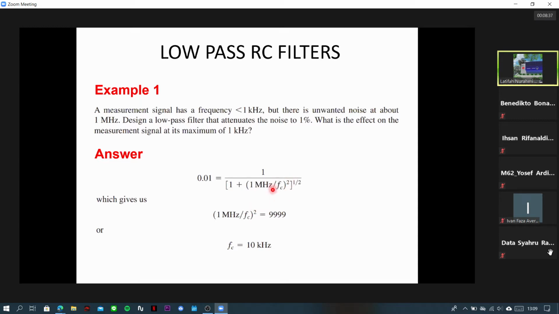So from 10 kilohertz above will not be considered. From here we get the critical frequency, which is 10 kilohertz. 10 kilohertz is 10 times higher than the 1 kilohertz of our measurement signals. It means this is the limit where all the frequency above 10 kilohertz will be removed.